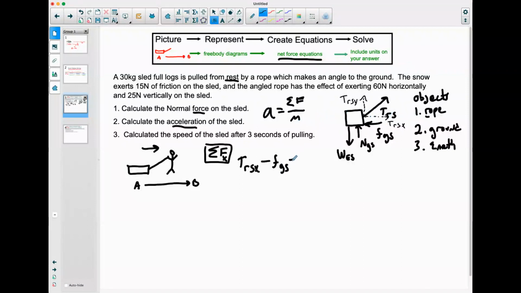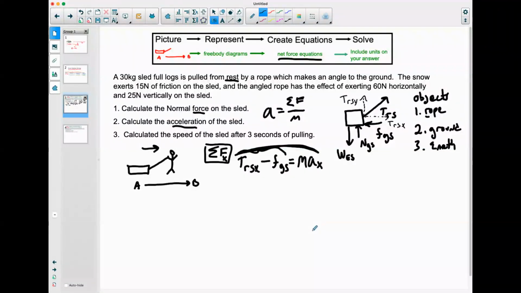And so we'll set those equal to mass times horizontal acceleration. This part here is the net force. It's the sum or the putting together of all the forces. Some of them are positive and some of them are negative. And then this whole thing here is called the net force equation.